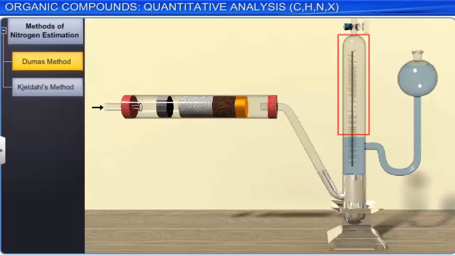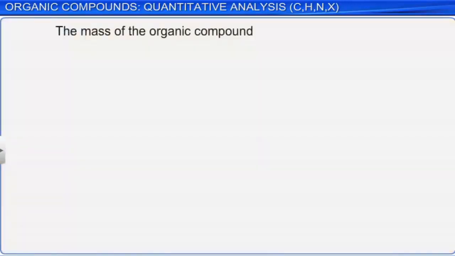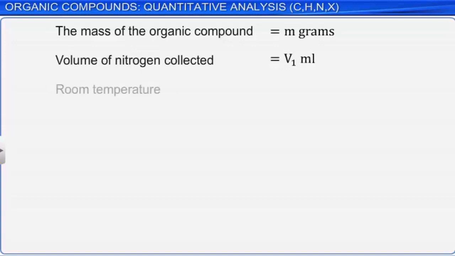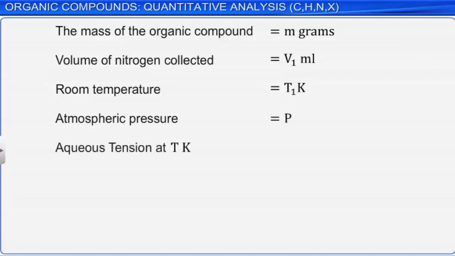If the mass of the organic compound is m grams, the volume of the nitrogen collected is V1 ml at room temperature of T1 Kelvin. The atmospheric pressure is P and the aqueous tension at T Kelvin is P dash. Then, the pressure of nitrogen gas at T Kelvin is atmospheric pressure P minus aqueous tension P dash.